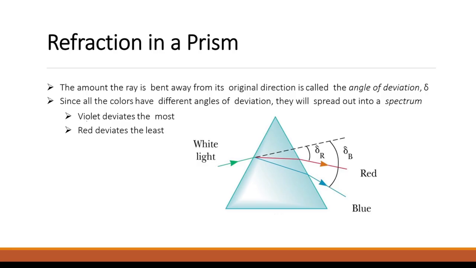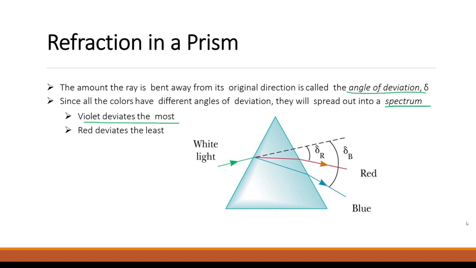So in the prism, the amount the ray is bent away from its original direction is called the angle of deviation, represented with delta. Since all of the colors have different angles of deviation, they will spread out into that spectrum we saw, because each wavelength has a different index of refraction. And so violet deviates the most, whereas red deviates the least, as we mentioned.